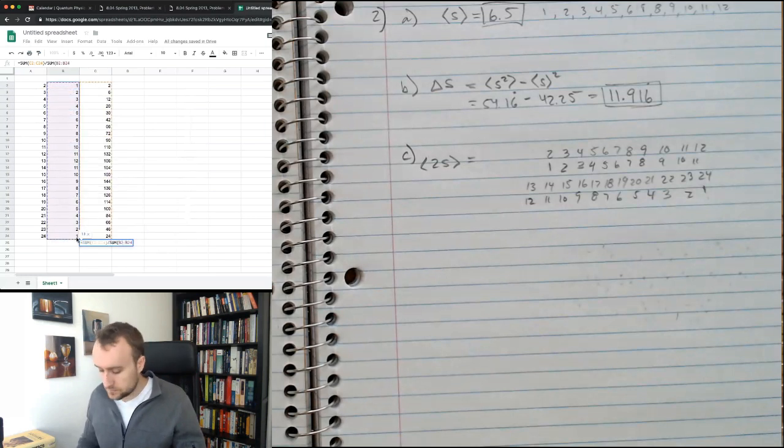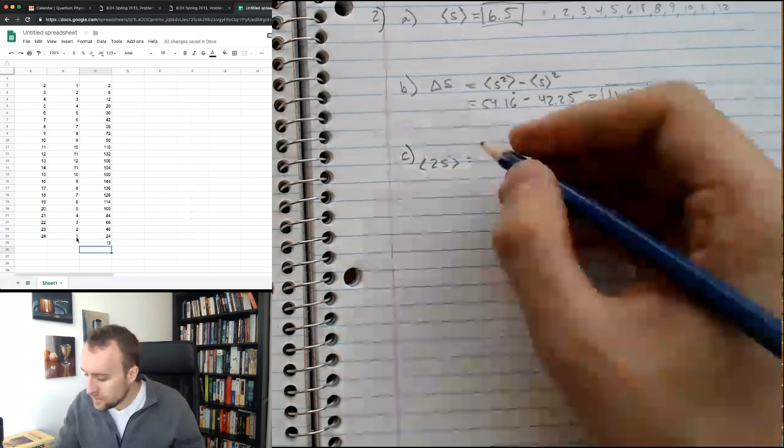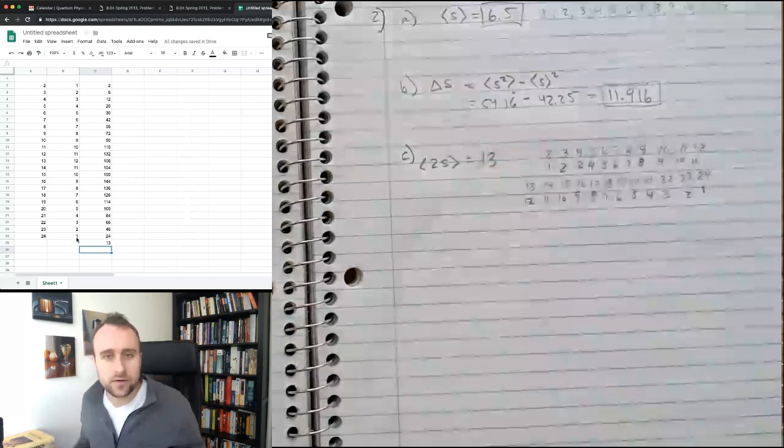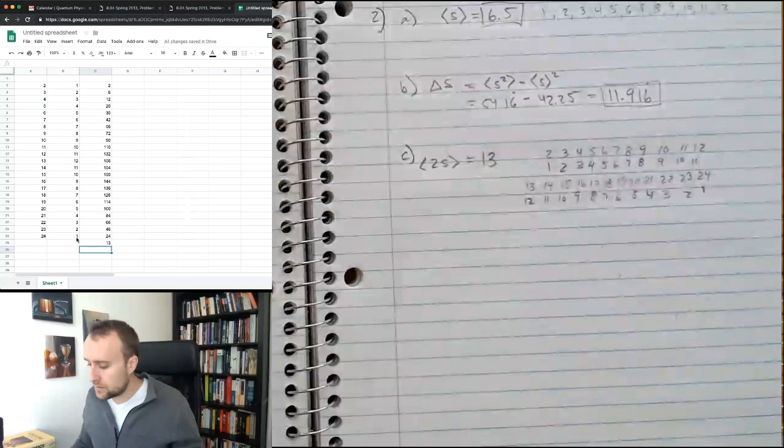This is 13. I suppose we didn't really need to do that one, but we can do the squares now of these.